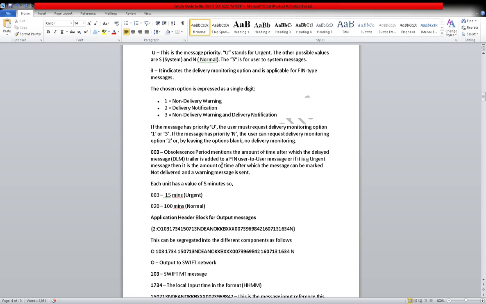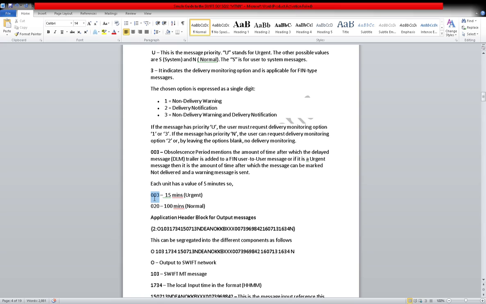It means the waiting period: the amount of time after which the delayed message trailer is added to a FIN user-to-user message, or if it is an urgent message, the amount of time after which the message can be marked non-delivered. So it is the time after which the message will become inactive or is not being received by the end user. After that it may be retried for hitting the message. That depends on this code 003 here.